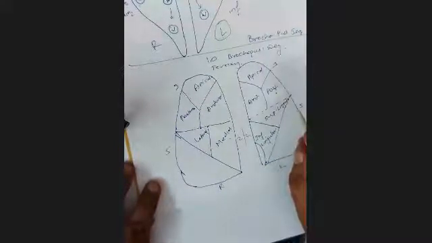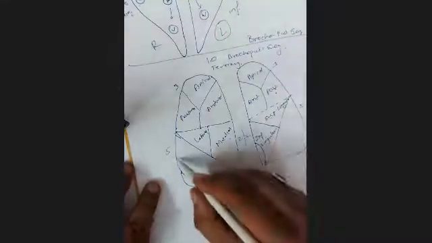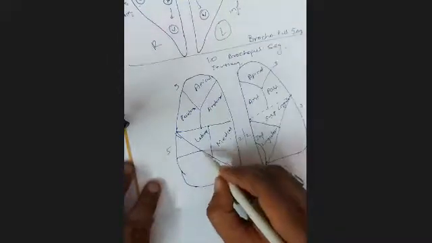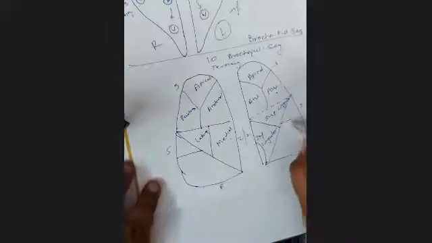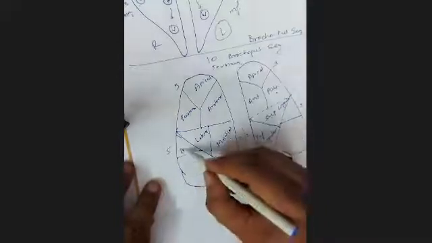Now, we are going to study the bronchopulmonary segments of the inferior lobe. On the inferior lobe, again there is one more apical. This is apical.